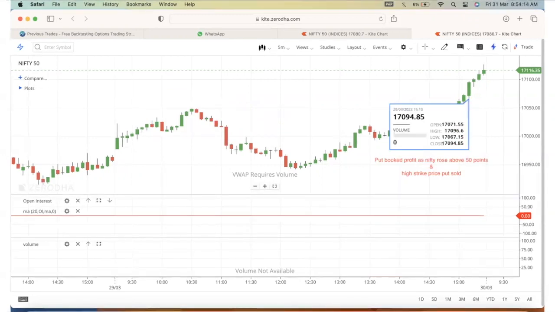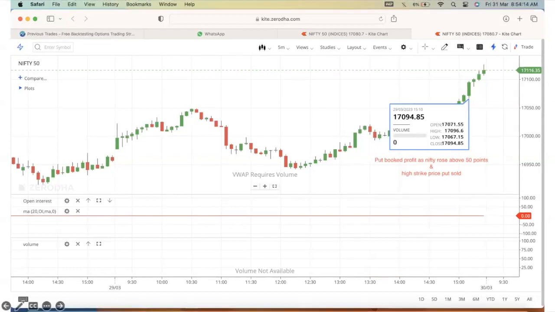At 3:10 the market gave a reverse signal, that is the market went up by almost 100 points from the previous low, which is when the second call was sold. So there we booked a bigger loss. So at 3:10 this trade happened, and at 3:15 we squared off this entire position.